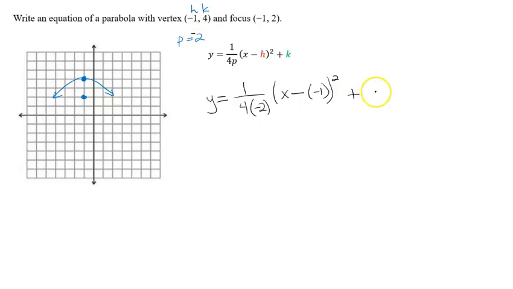K is 4. Now I'm just going to simplify a bit. y equals 1 over -8, which is -1/8. Minus a -1 turns into plus 1. So this is -1/8 times (x plus 1) squared plus 4.